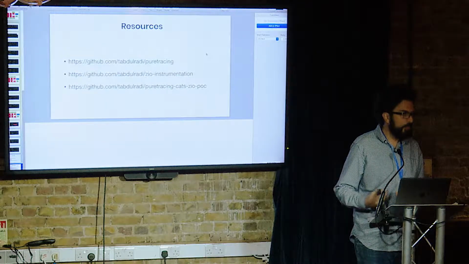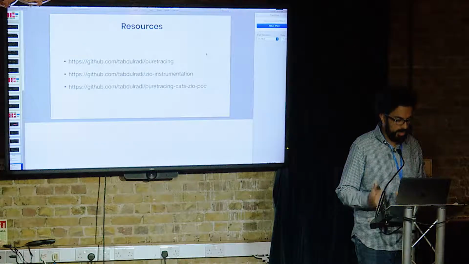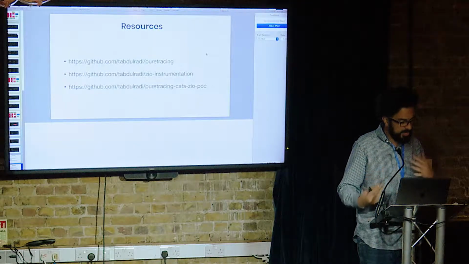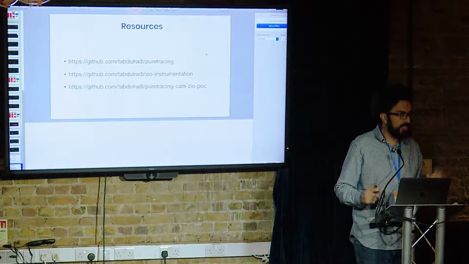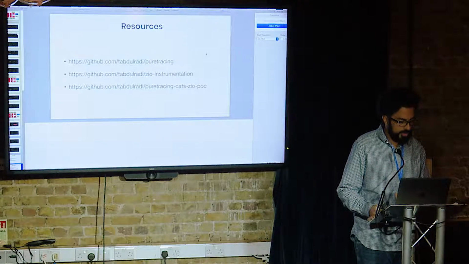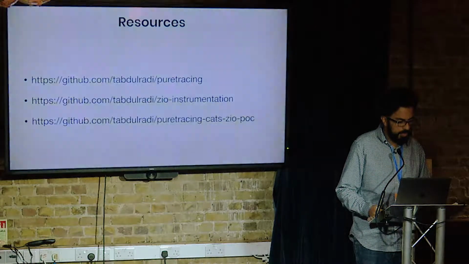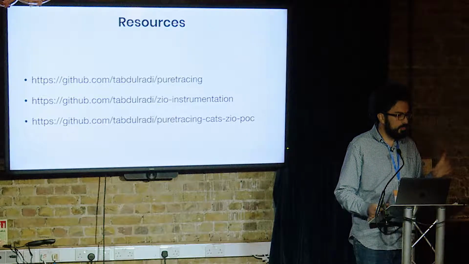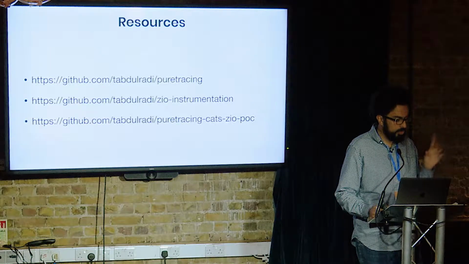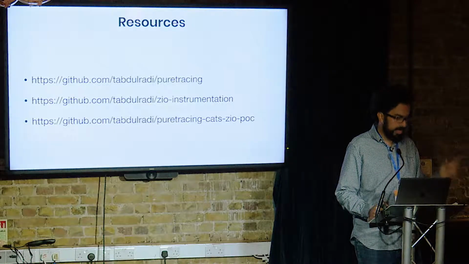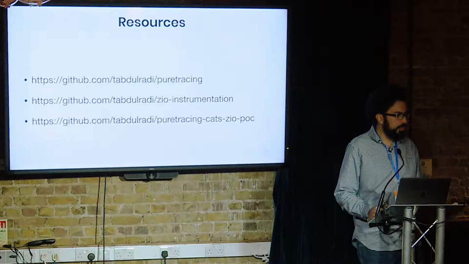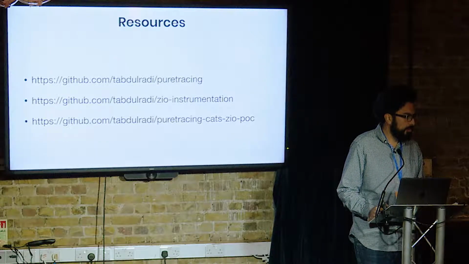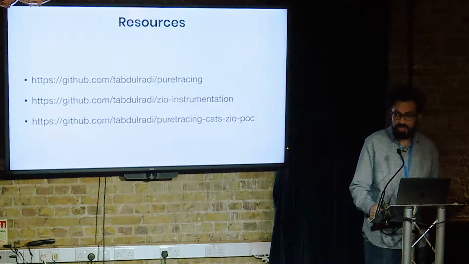I'm trying to get both of them in one library, but abstracting over Cats and ZIO at the same time is not particularly easy, because the way they do bracket and error handling, the guarantee method I've shown you, is a bit different between those two libraries. So I'm still trying to figure it out.